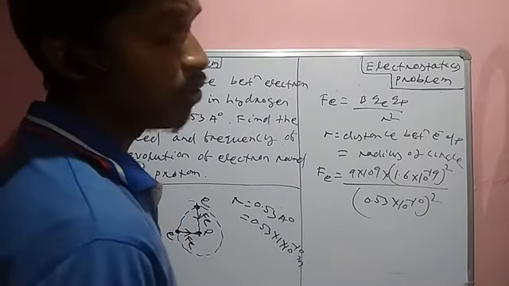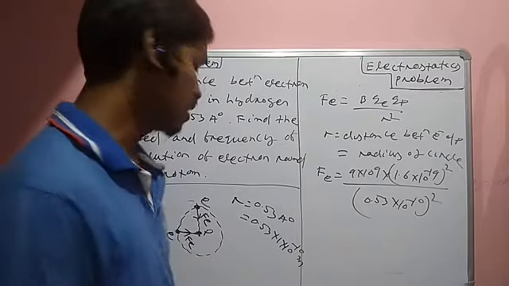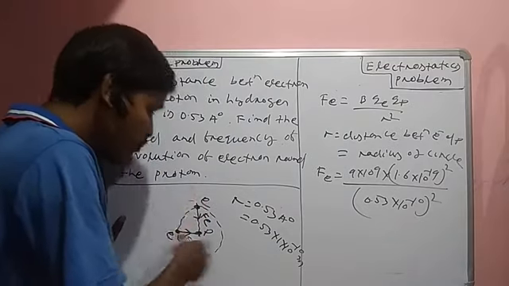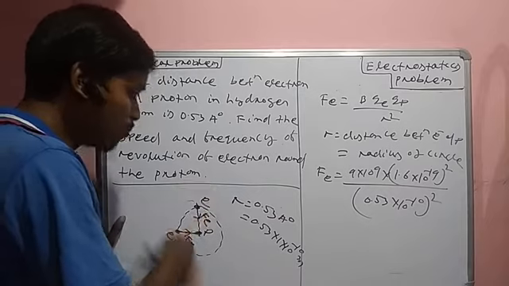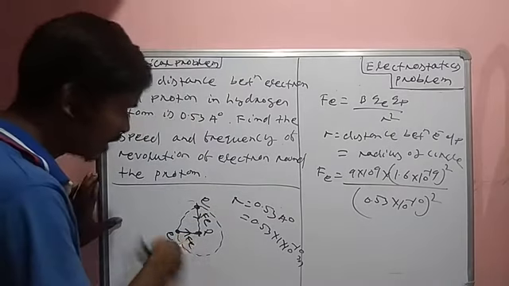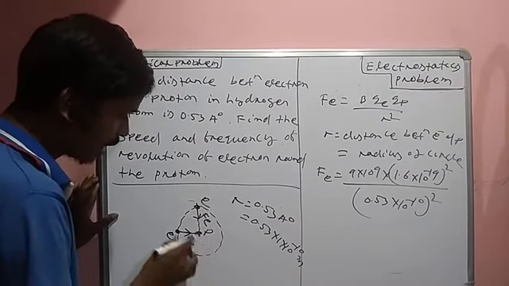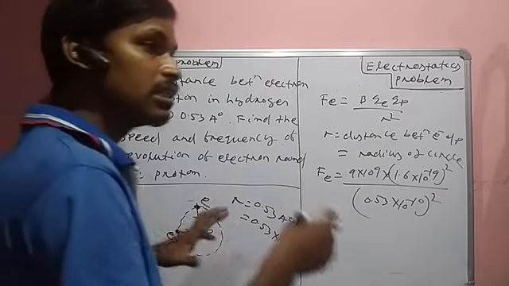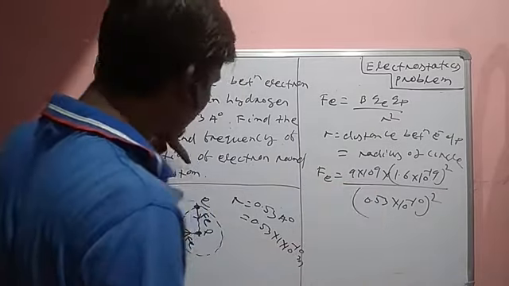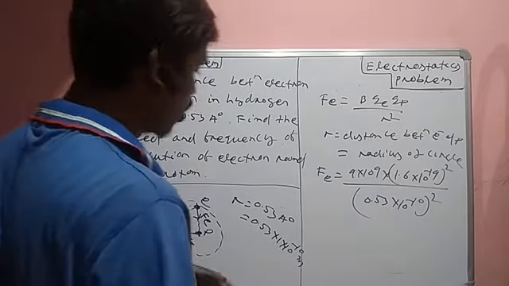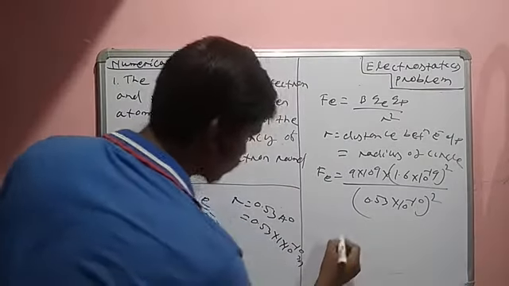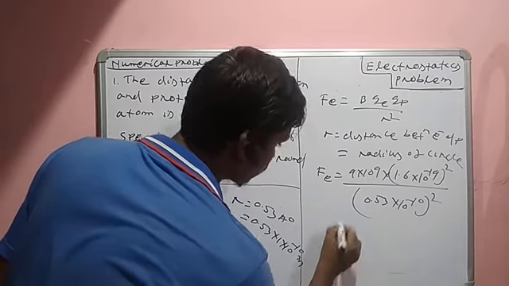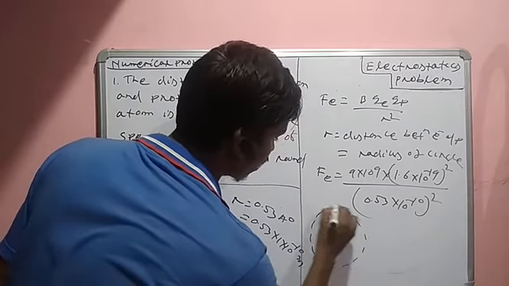We have already known in first year class, when a body is moved, the force is balancing, the force tries to balance. That means a centripetal force is available. Whenever the proton is there, then the electron moves in a circular path.